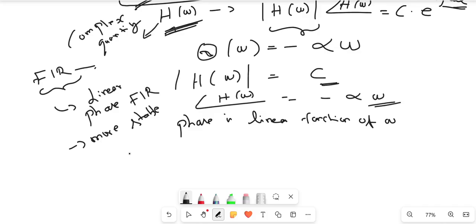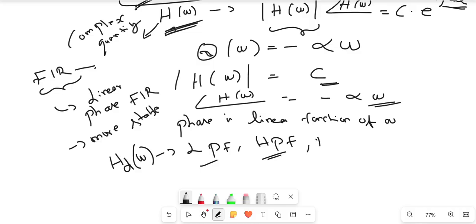What is the desired frequency response of a low pass filter, high pass filter? The filter may be low pass or high pass, or it may be a band pass filter, or a band stop filter or band elimination filter. We will discuss the ideal or desired frequency response of each filter. If there is any deviation in the frequency response from the ideal, it results in signal distortion.